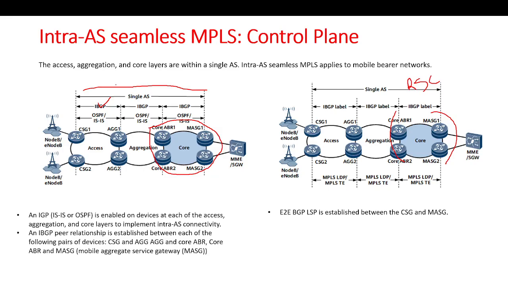For the BGP, you establish BGP sessions from the CSG to the SG. The SG establishes a BGP session to the RSGs in the network, and you can have route reflectors deployed for route propagation on the network.